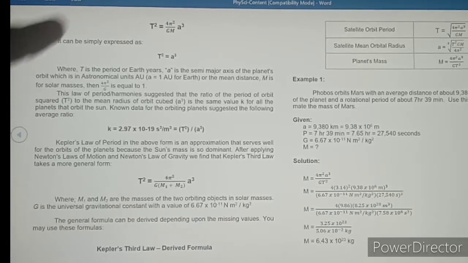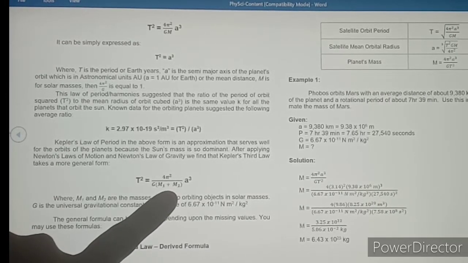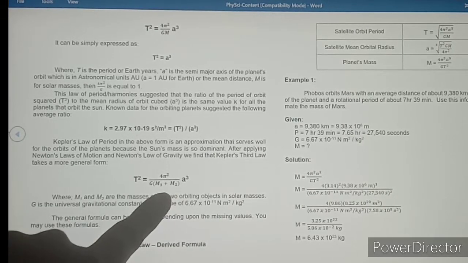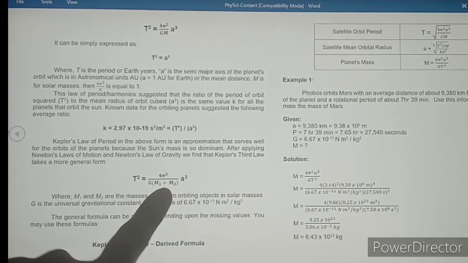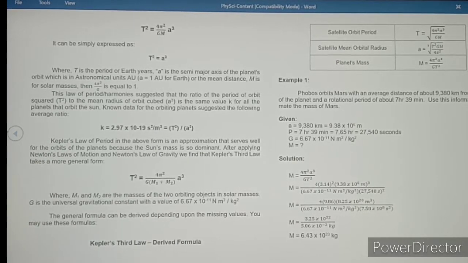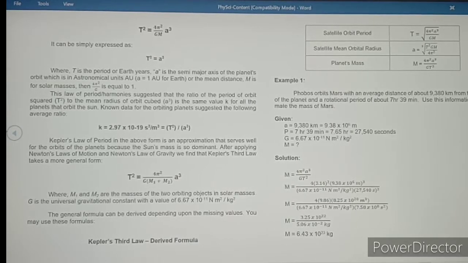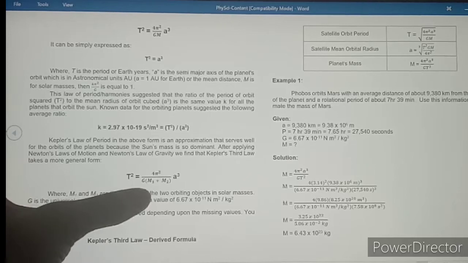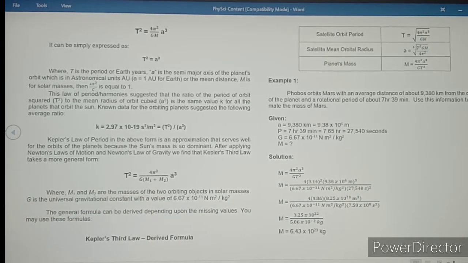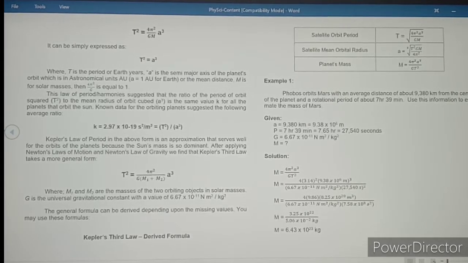It is just like this one, but kumbaga ipinakita lang dito, as you can observe dyan sa pamphlet ninyo, ipinakita lamang po diyan na pinag-add natin if there are two masses given in a word problem, then you are going to get its sum. Alright? So that's why m sub 1 and m sub 2 ang nakalagay dito, because it indicates the masses of two orbiting objects in solar masses.